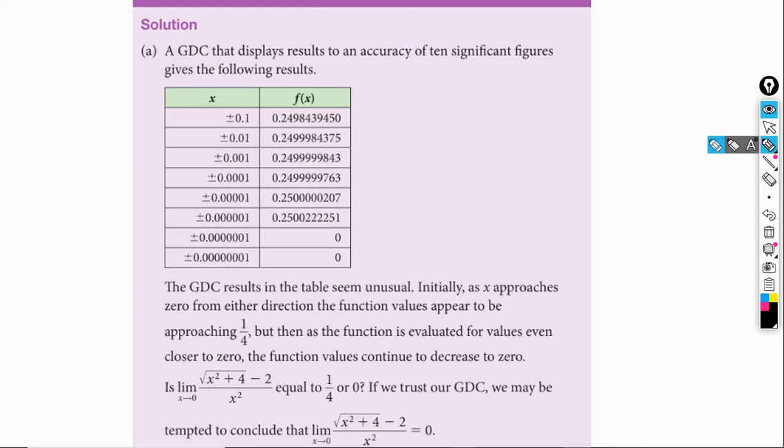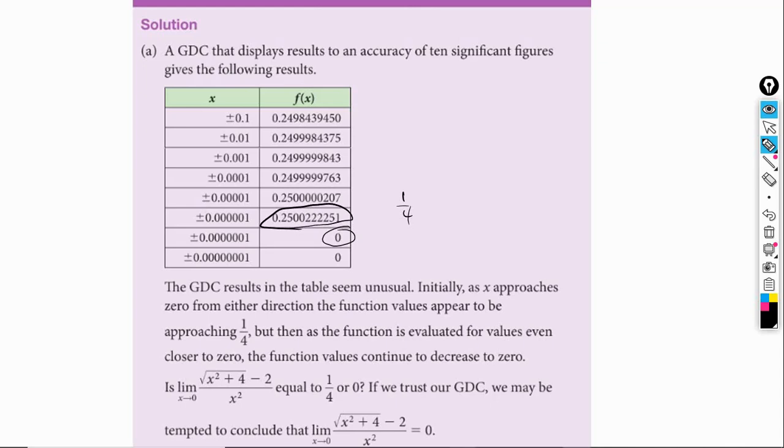And then for some reason, when the last two values were plugged in, the calculator rounded somehow and got 0 as an answer. But it's obvious that as x approaches 0, the function approaches 1/4 or 0.25.